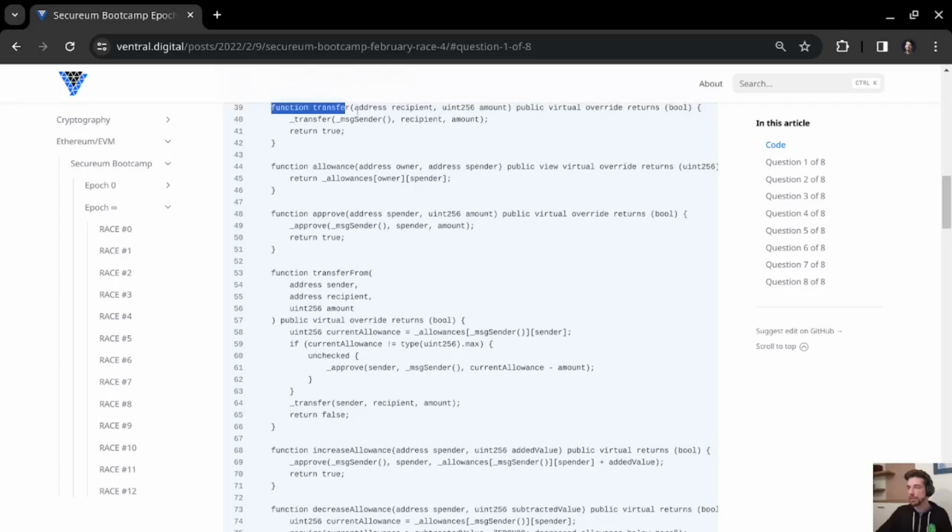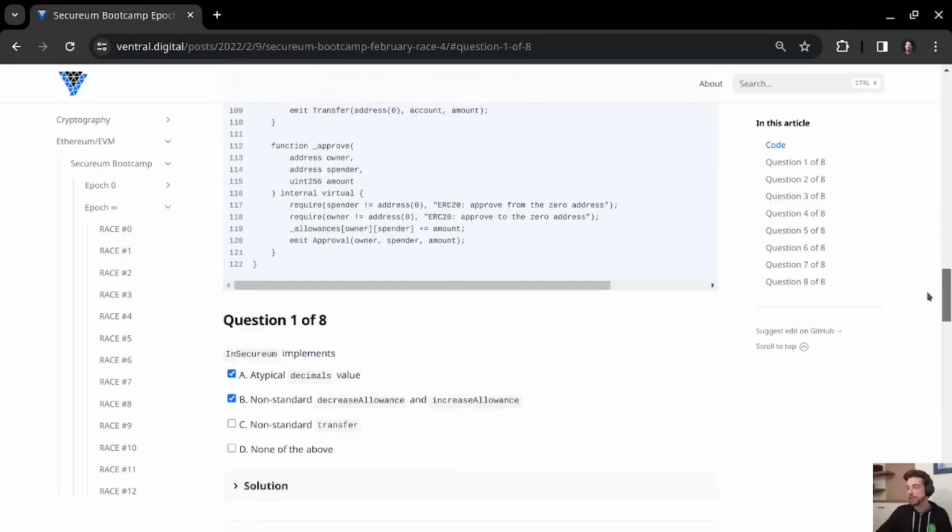The normal transfer function just calls the internal one, and this transfer function is indeed part of the ERC20 standard, and therefore this is not a correct option because it doesn't implement a non-standard transfer function. It implements a standard transfer function. It cannot be D. Therefore, for question 1, A and B are correct. So that was pretty quick.